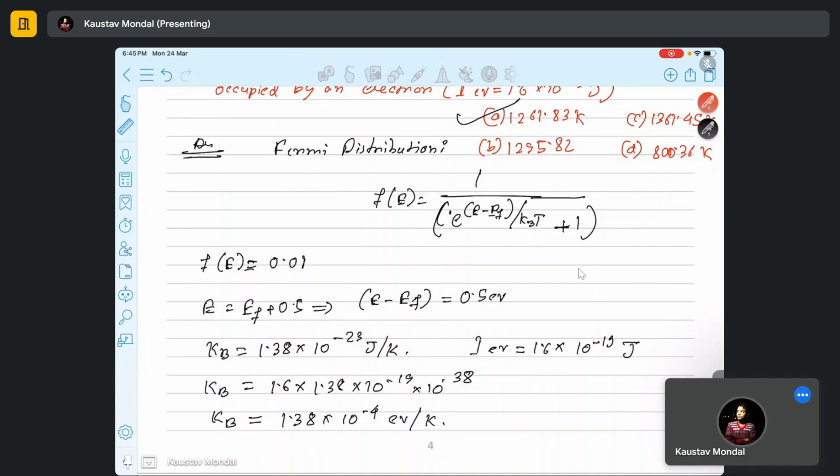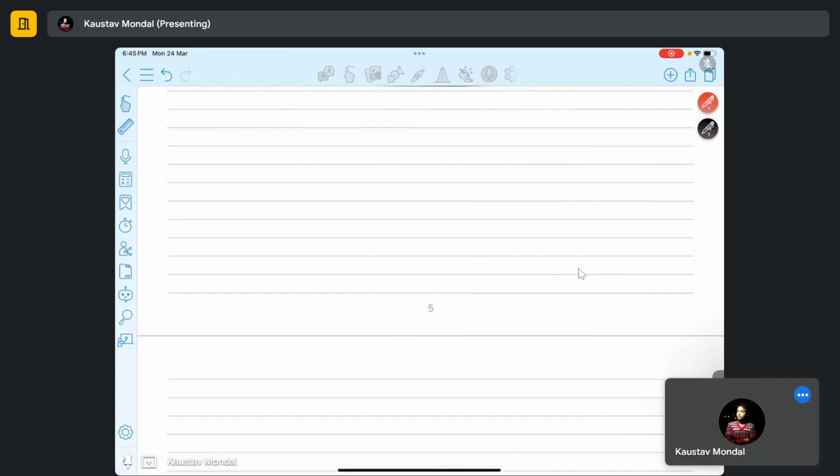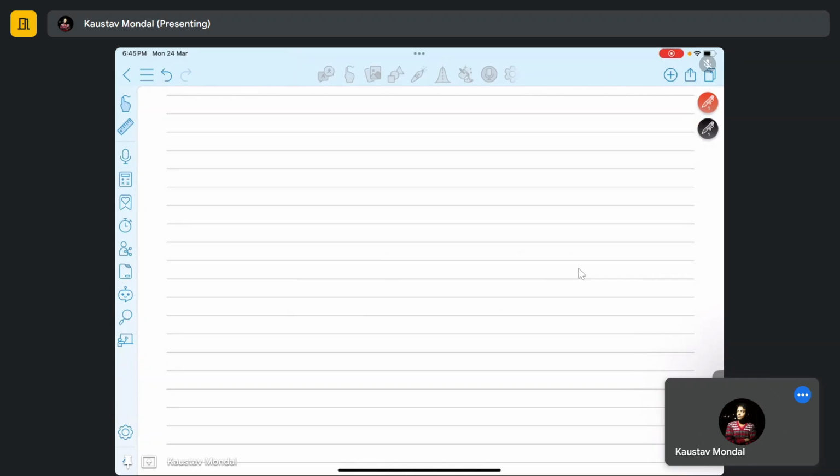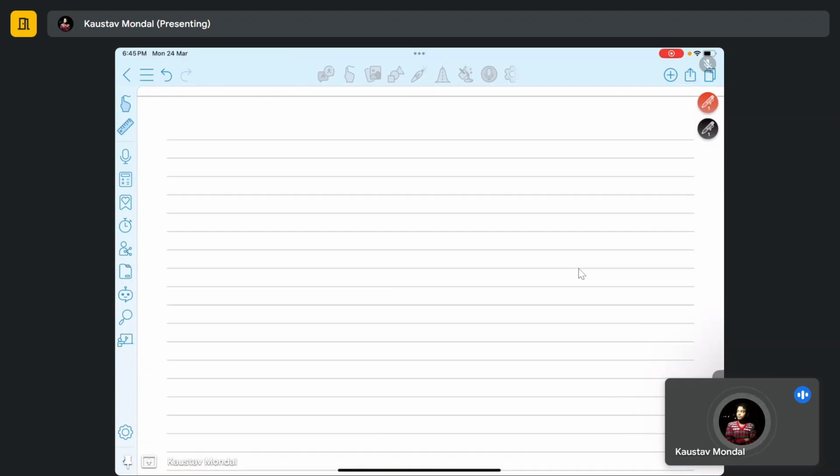Problem number 4, let me write the question first. Problem number 4 asks: in which of the options are all bosons?